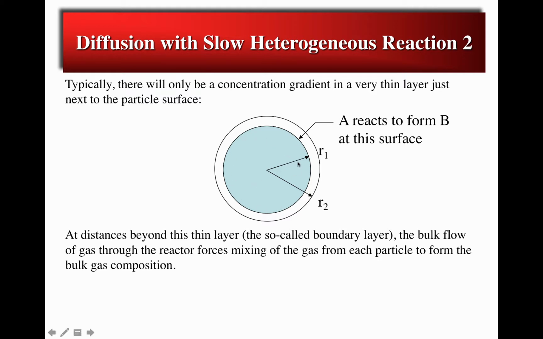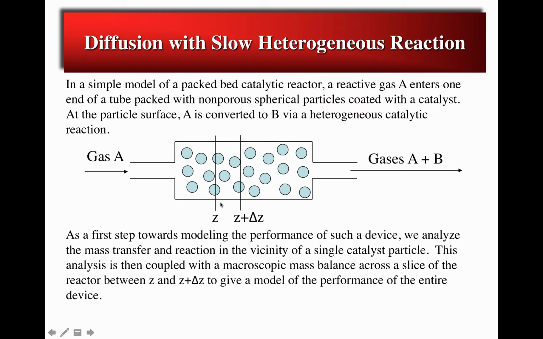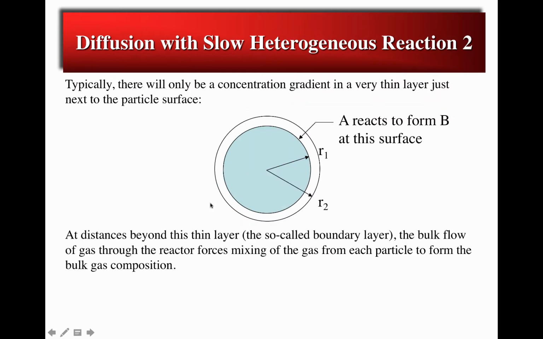And so around one of the spherical catalyst particles, there will typically only be a concentration gradient in a very thin layer next to the particle surface. I hope this is sounding familiar to the problem we just looked at. At distances beyond this thin layer, which is the so-called boundary layer, the bulk flow of gas through the reactor forces the mixing of the gas from each particle to form a homogeneous and uniform bulk gas composition at that particular position Z in the reactor.